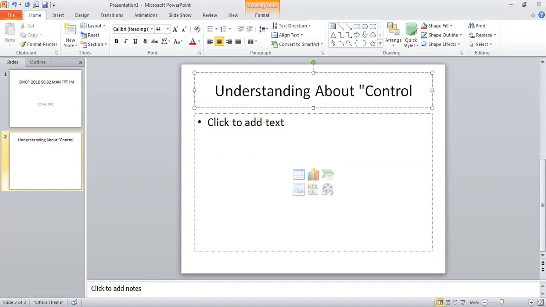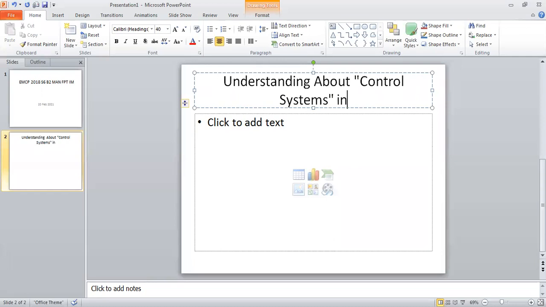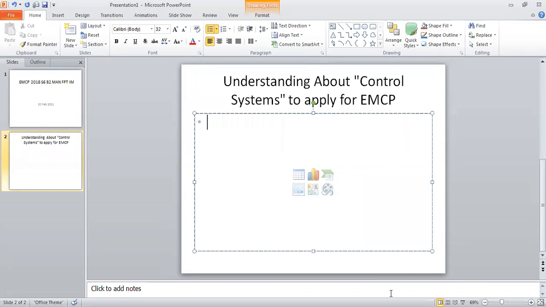Okay, this is very important for, I think, manufacturing, maybe they have some familiarity, but when it comes to management and FPT, this will be very important. Understanding about control systems in the application of, so let's say to apply for EMCP, environmental management and clean production. Okay, this is a very new topic. Okay, understanding about control system.